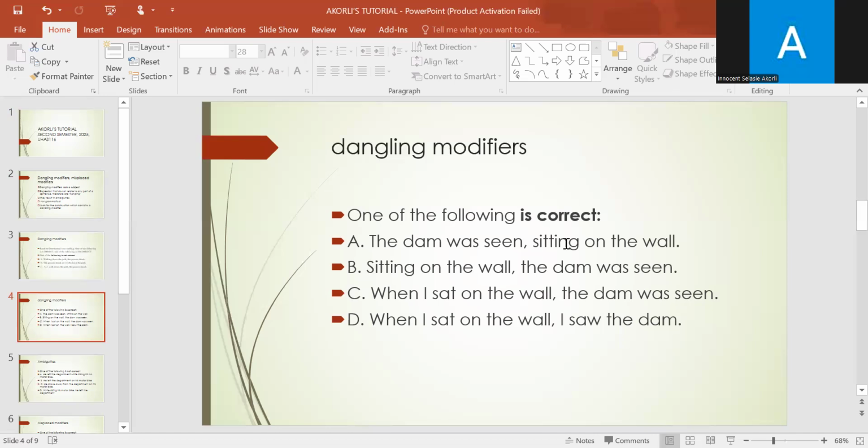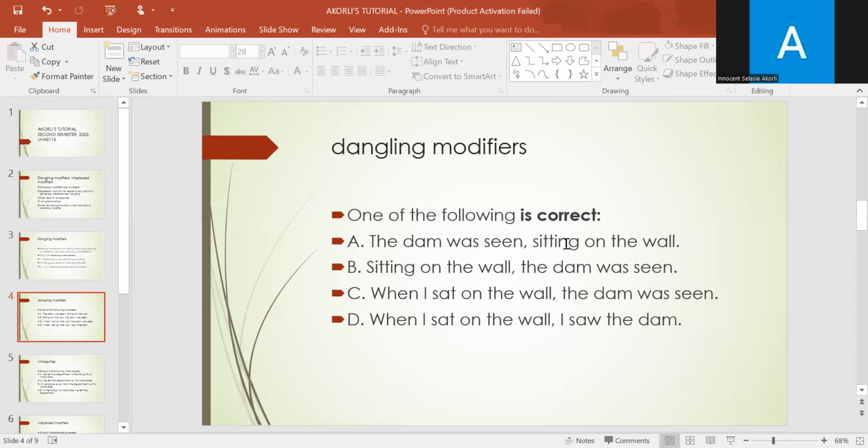Sitting on the wall, the dam was seen is the same A which has been reversed, reconstructed so that the second part of the sentence comes to the front. Then C, when I sat on the wall, the dam was seen. This, in some cases, may be correct, but in the second part, the dam was seen by whom?